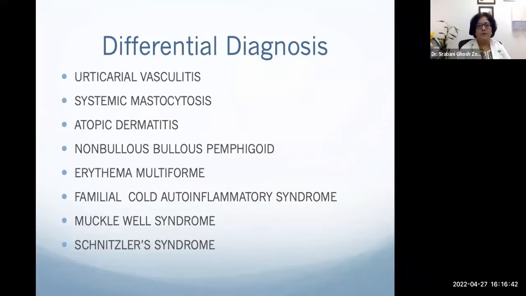It might be confused with urticarial vasculitis, systemic mastocytosis, atopic dermatitis, bullous pemphigoid, erythema multiforme, and some rare syndromes: familial cold autoinflammatory syndrome, Muckle-Wells syndrome, Schnitzler syndrome, and so on. So in urticarial vasculitis, the lesion will persist more than 48 hours.